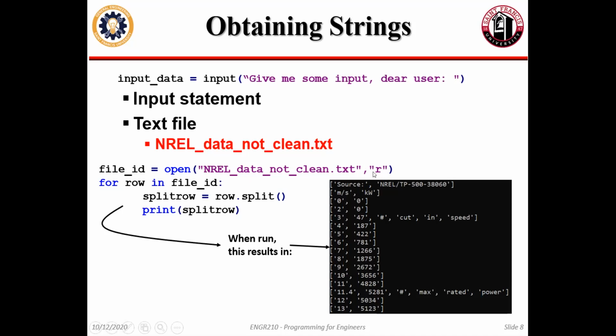Now we're going to use it to read. And what changes is instead of the file name comma quotes W, it's file name comma quotes R, or read. I forget which one's the default, or if you don't include that, if it's read write, I just include it so that I know what I'm doing.